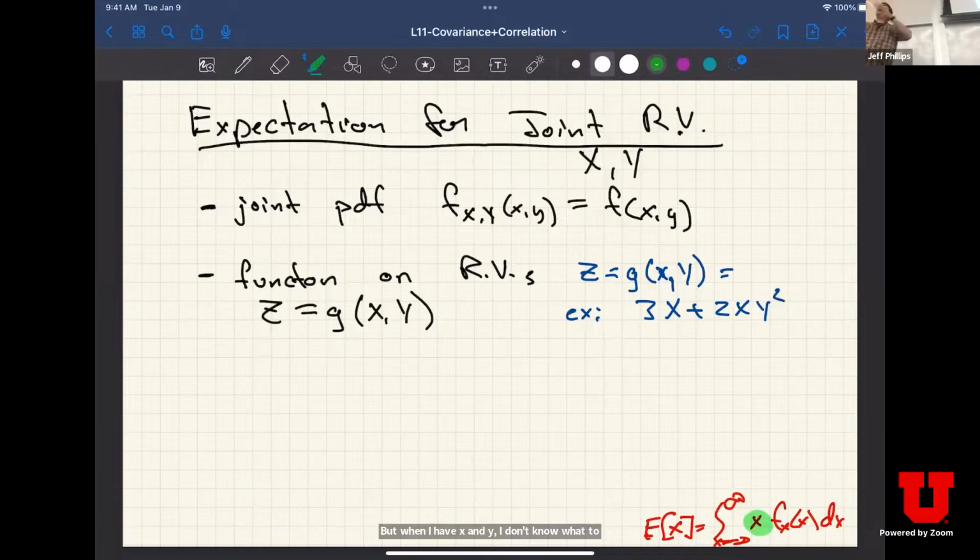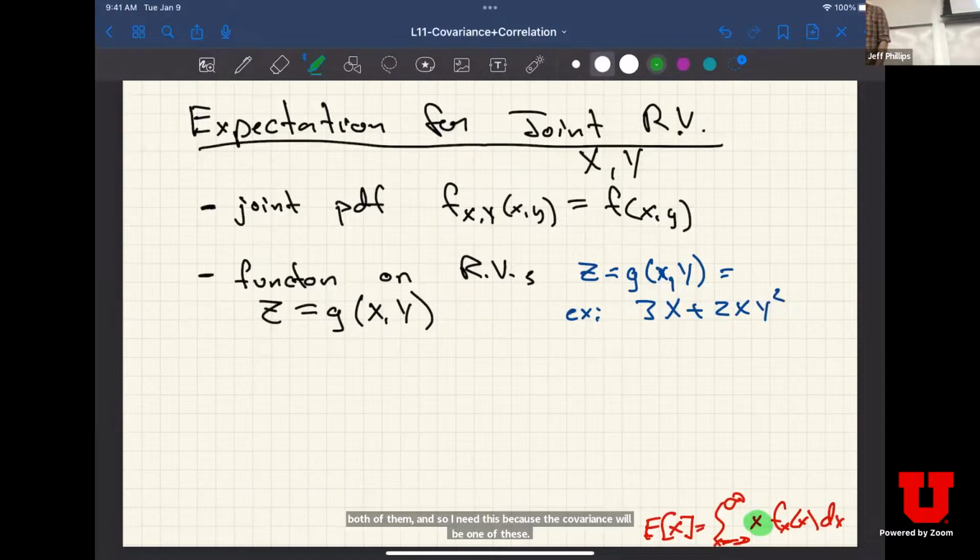So I have to combine them somehow. I could add them together, I can multiply them, and in general I put some function g there that tells me how to combine them together. If I want expectation, I need some property of both of them, and I need this because the covariance will be one of these functions.